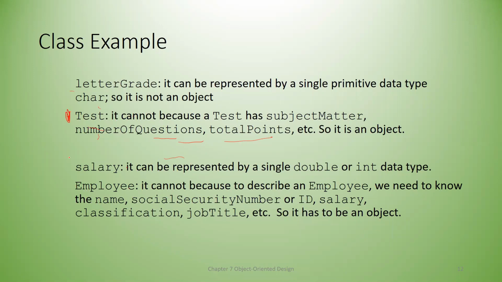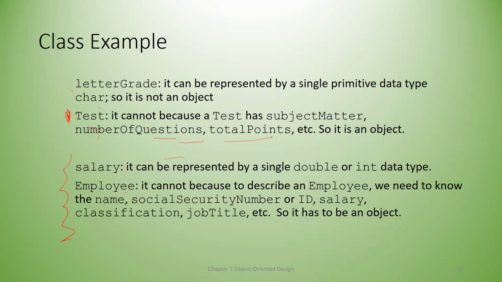Okay, another example. I'm giving you many examples so that you understand the difference between an attribute and an object, and also when you need to make it into an object, right? Salary, you can represent it with a double or int. Employee, however, cannot, because an employee is a complex object.